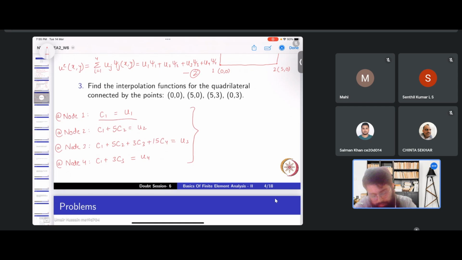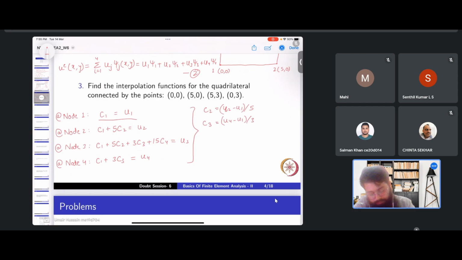Now we substitute this value in the equation for node 2, and we'll get the value of c2, which is equal to u2 minus u1 divided by 5. And similarly, if we substitute in the equation for node 4, we'll get the value of c3, which is nothing but u4 minus u1 divided by 3.